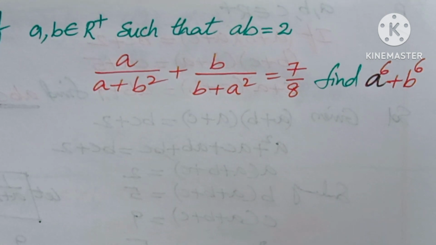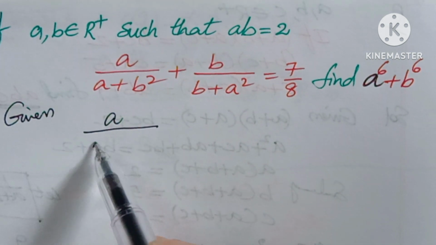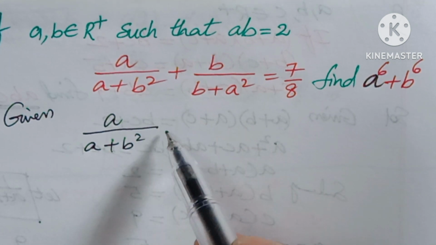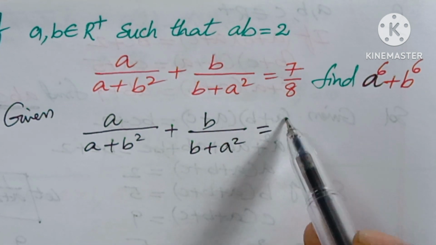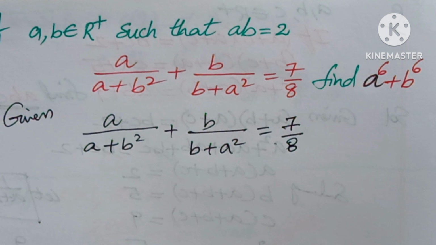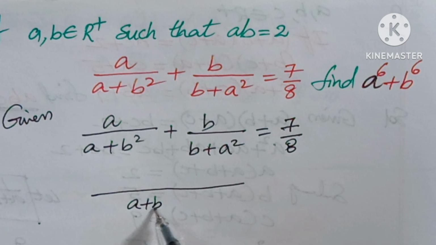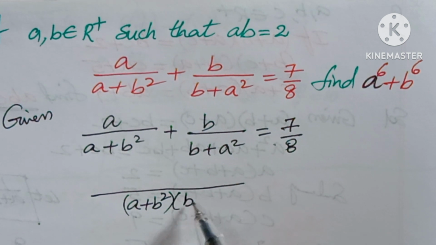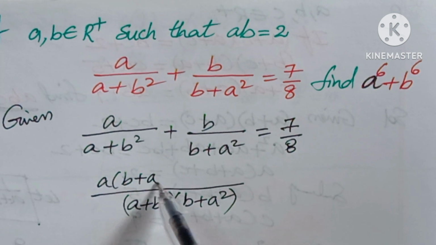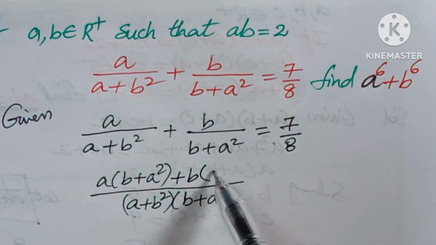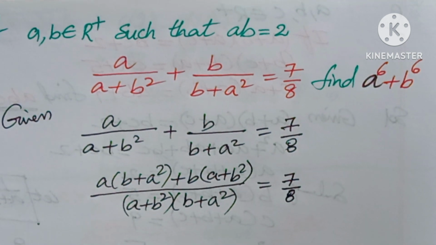So here, first of all, given a very simple question: (a/(a+b))² + (b/(b+a))² is equal to 7/8. Now here if you take the LCM, (a+b)² into (b+a)², here a into (b+a)² plus b into (a+b)² is equal to 7/8.